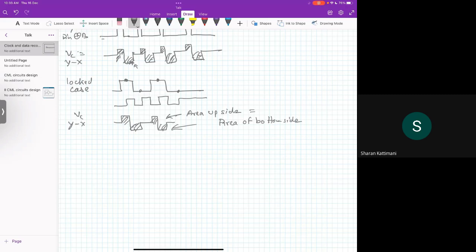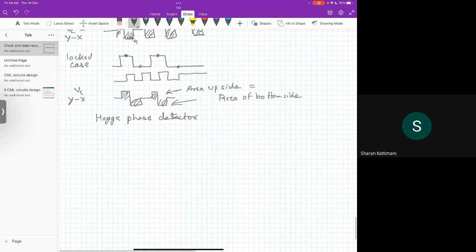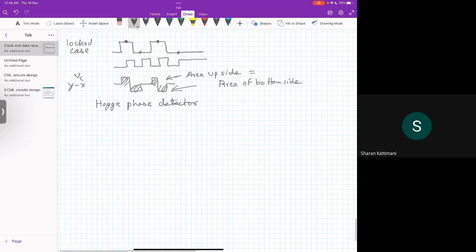Okay, so this is called Hogge phase detector, because the scientist Hogge invented this, so in his name, this is called Hogge phase detector. And when you take the average of this, in the locked case the average is 0.